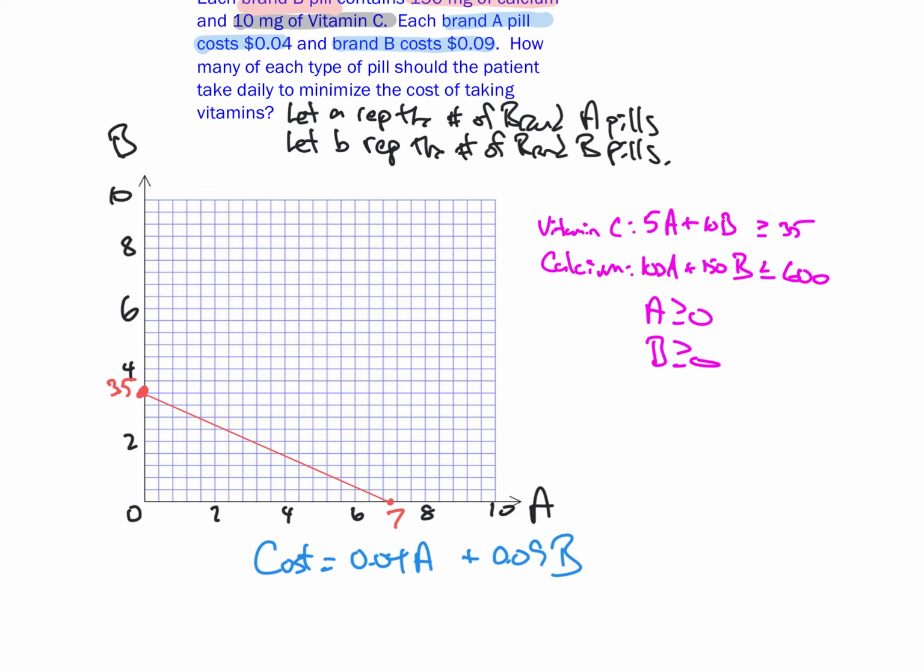For the calcium, there's going to be one at 4 and one at 6. And then you just connect the dots.